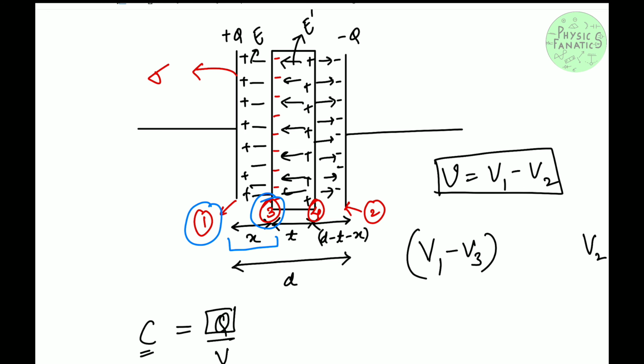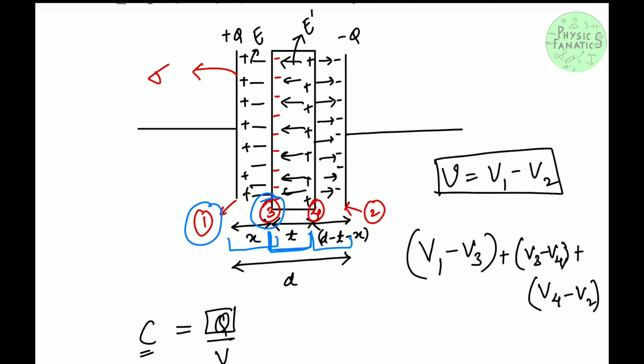I hope you guys can understand. Then plus potential between my V3 point minus my V4 point, that is the potential between my V3 point and V4 point. I hope you guys can understand. And then the potential between my V4 point and my V2 point. Can you guys see that, this is plus V4 minus V2.